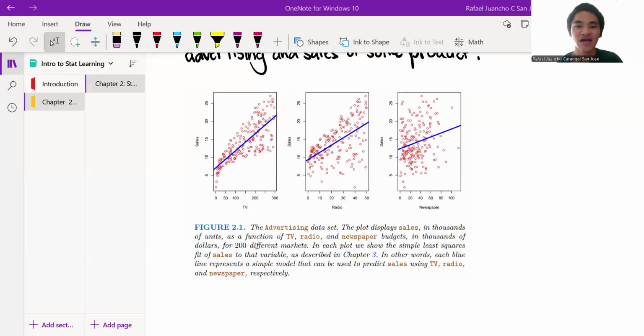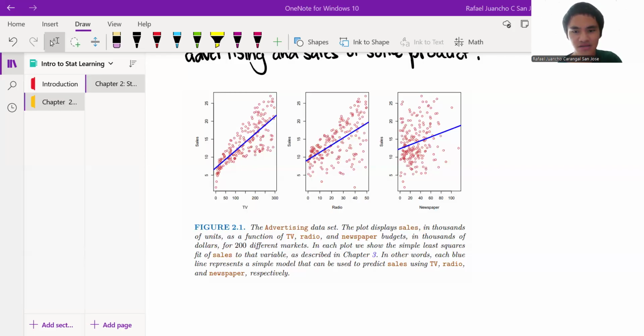Meaning, how do they spend their advertising budget on TV, on radio, on newspaper, right? And so if we spend it on those three different media, then somehow there has to be some relationship, or it has to somehow increase or decrease our sales depending on how we spend our advertising budget on those three media, right? And so that's something we can control. And so that's the idea.